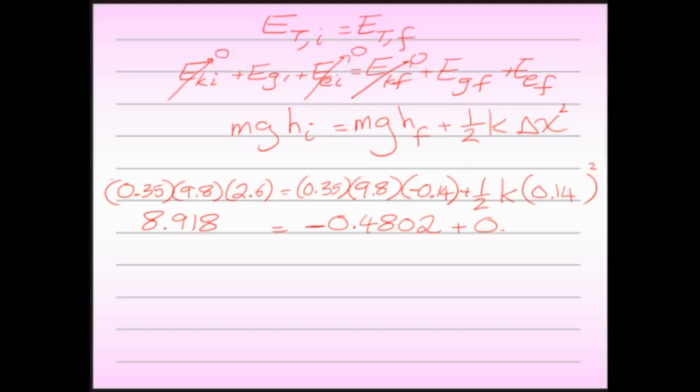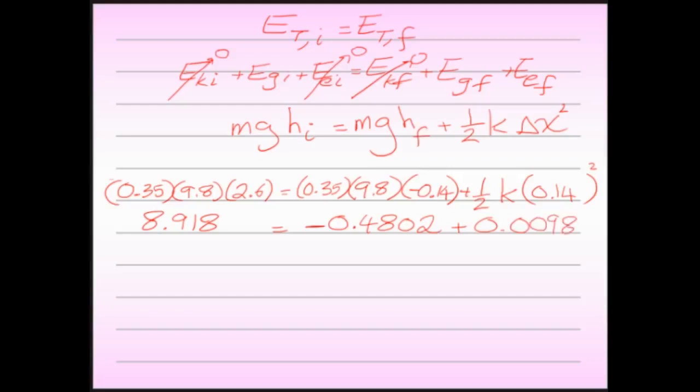Oh, well, so square this. Sorry, how much? Yeah, but then we multiply by half. How much? 0.0098. All right.